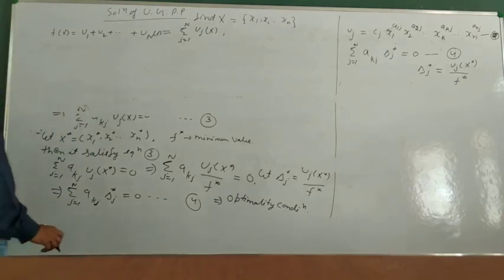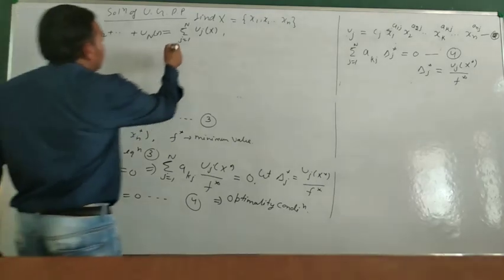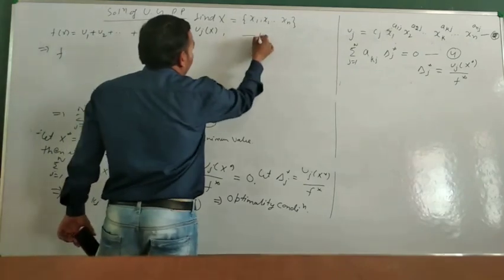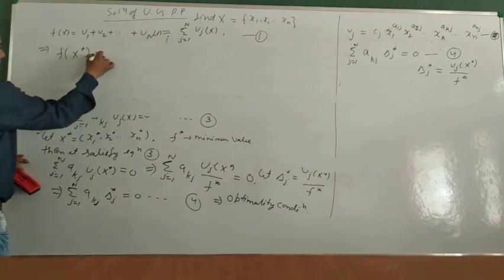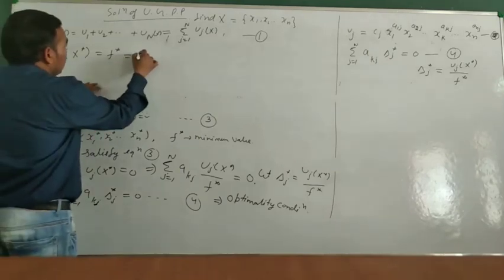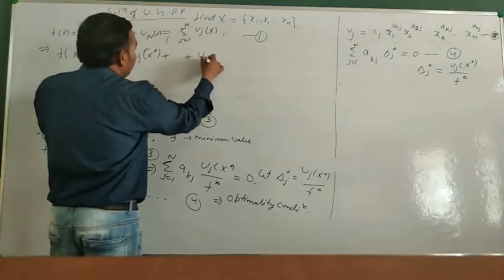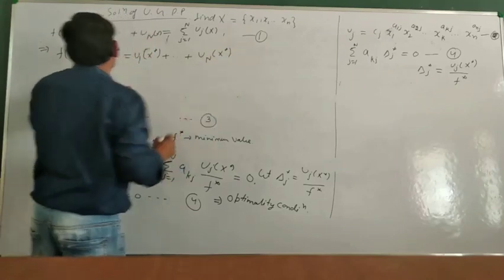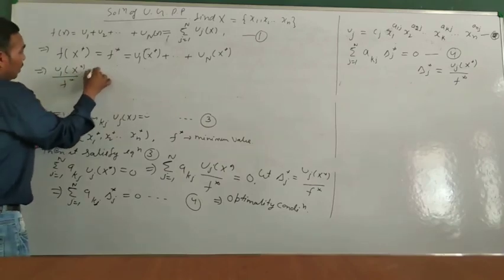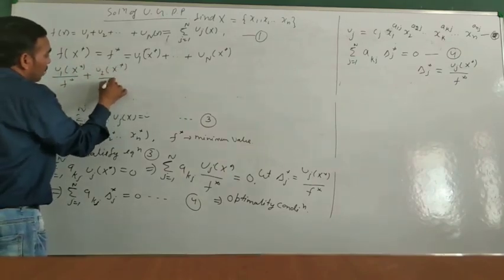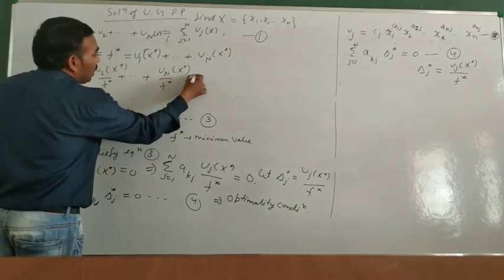So we can write f star equal to u1 x star up to un x star, which implies u1 x star upon f star, u2 x star upon f star, and so on, un x star upon f star equal to 1.